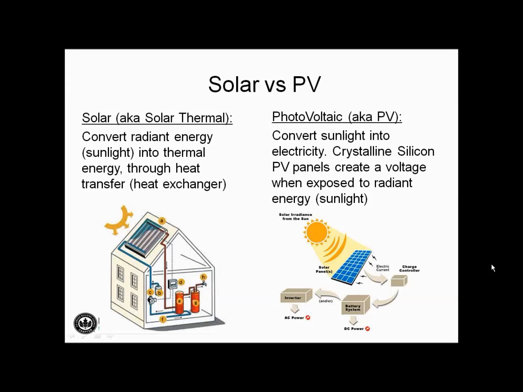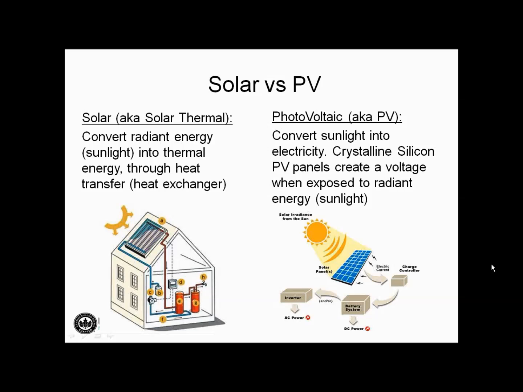People interchangeably use the word solar when a lot of times what they mean is PV. So there really is a difference between solar thermal and photovoltaic. Solar thermal is using the radiant energy of the sun to heat a liquid, usually water of some type, and then use that as heat transfer somewhere in the building, either for hot water heating, to heat your pool, or space heating through a heat exchanger.